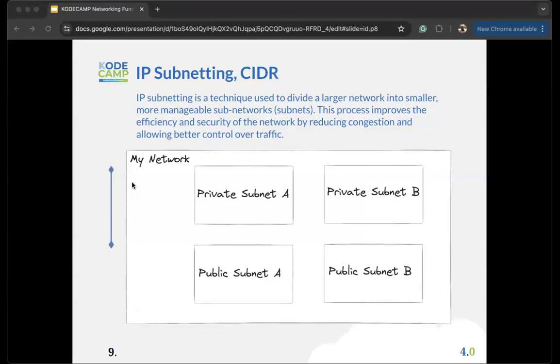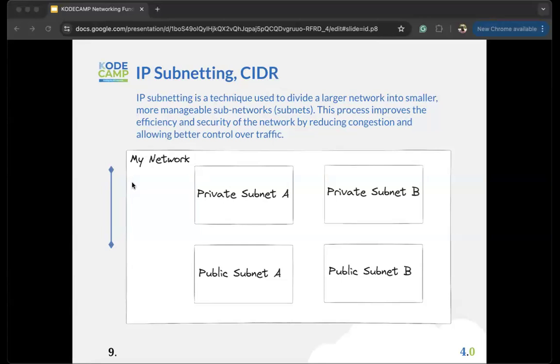We are going to look at the concept of subnetting, which is a technique of dividing or breaking down a larger network into smaller, more manageable subnetworks, smaller networks that provide for isolation within your own network. This isolation has the primary purpose of efficiency in managing communication, managing resources, and also security, right?